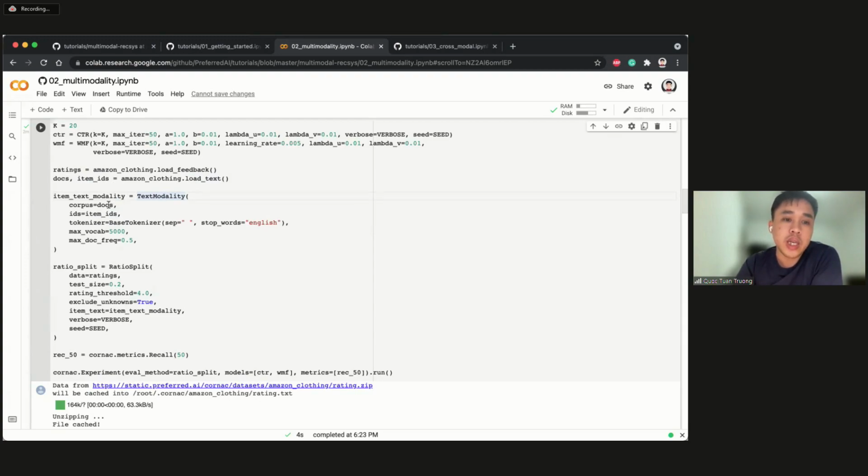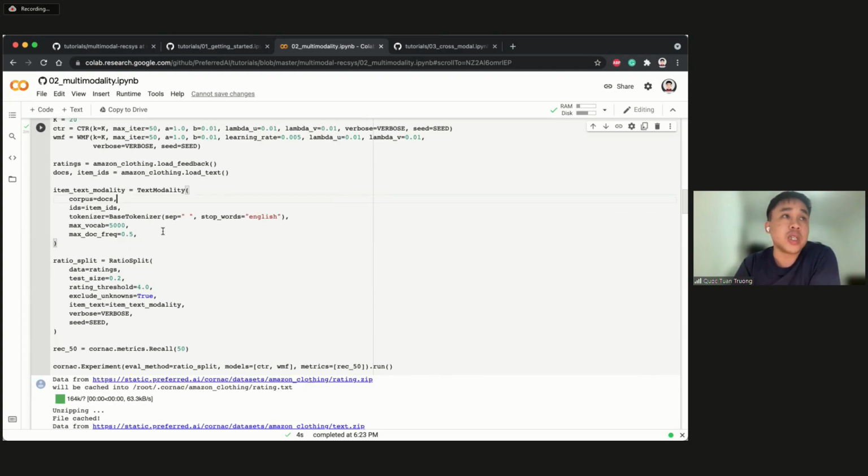But here, to construct the text modality, you put in the text corpus and the corresponding IDs. In this case, the item IDs. We have a bunch of utility functions to process the text. In this case, the text comes in the raw form of a sequence of strings, so you just tokenize it, right? Basically, we just tokenize it with spaces and then remove some of the stop words.